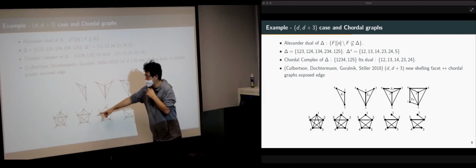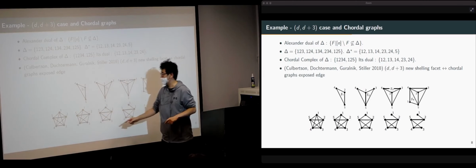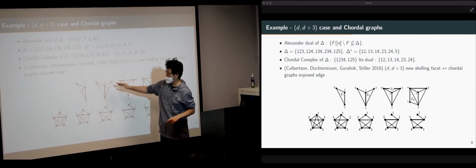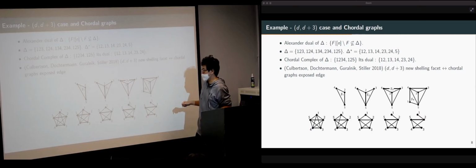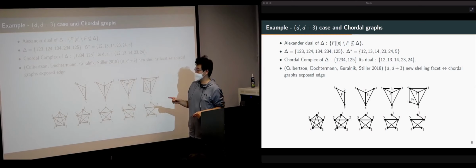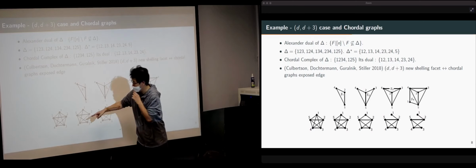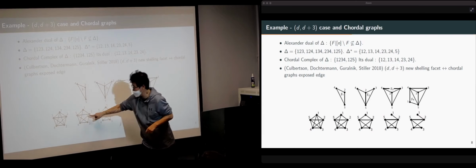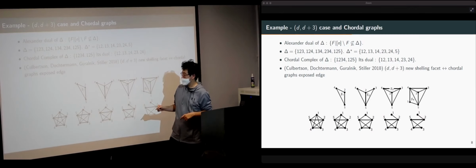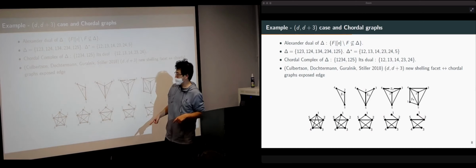One can actually combinatorially characterize exactly what edges you can remove that corresponds to adding a shellable facet. The condition is that the edge that you remove has to be contained in a unique maximal clique. For example, going from here to here, 1, 3 is removable because 1, 3 is contained in a unique maximal clique of 1, 2, 3, 4, 5.